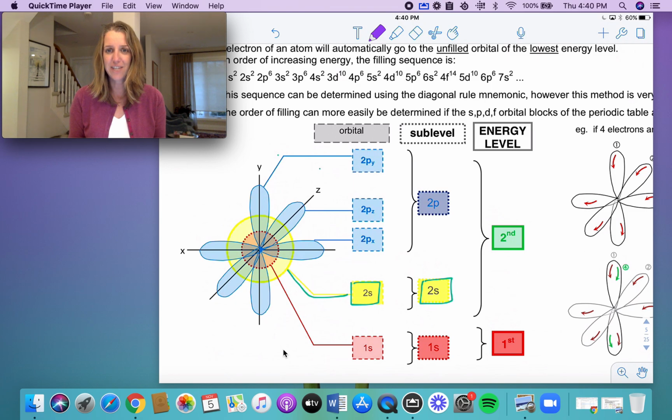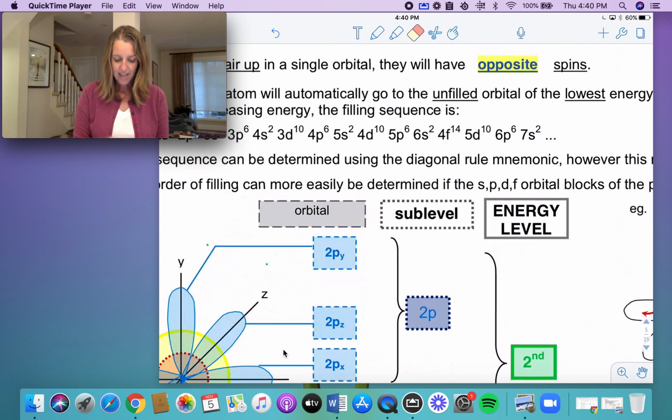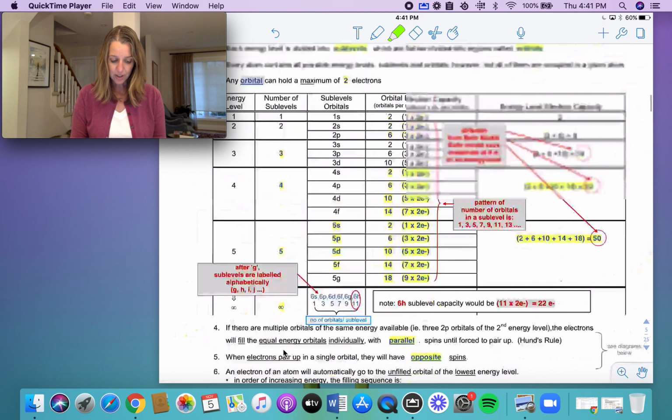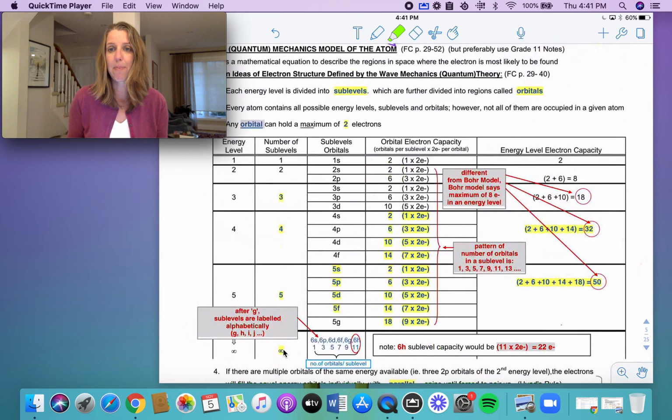So that's why you're going to watch the video to reflect on, what does that look like again? Okay, so orbitals, sublevels, and energy levels, that right there is the terminology you want to remember with regards to the wave mechanics model. Every orbital can hold a maximum of 2 electrons. There are many different kinds of orbitals, and that's what's alluded to in this diagram up above.